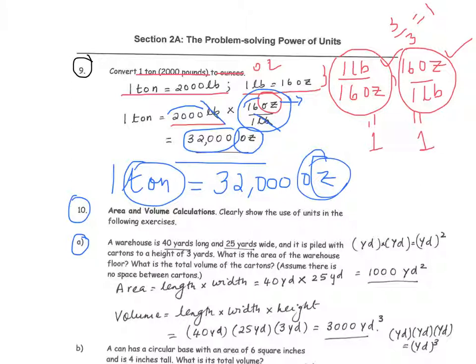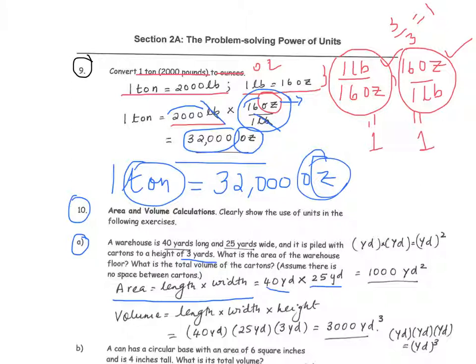It is piled with cartons that are 3 yards high. What is the area of the warehouse floor? So first, let's answer that question. Area is length times width. So we know what the length is, 40 yards times 25 yards.